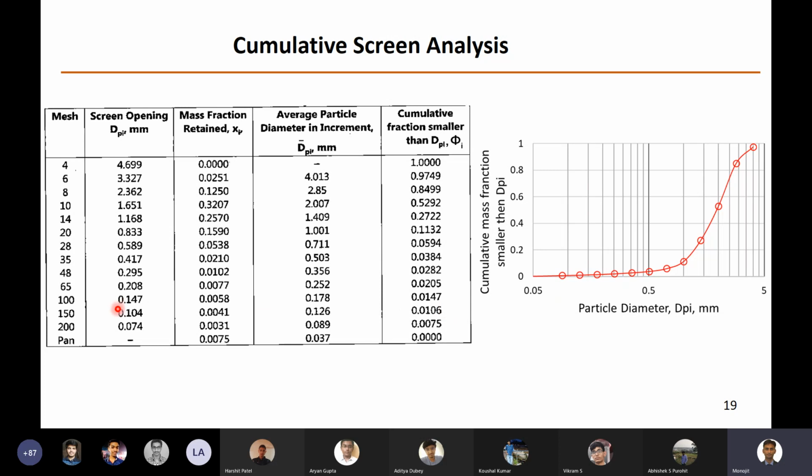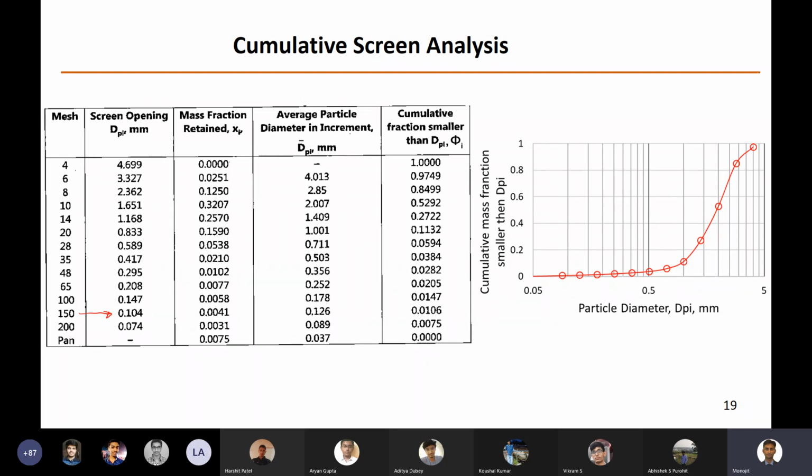Take the next one. The first one is pretty easy to understand. 0.0106. So how did we get this number? 0.0075 plus 0.0031. Yes, absolutely right. So how are we doing it? We are basically adding up the stuff which is below that point. When I'm talking about this screen which has a mesh number of 150, what I will consider is the mass fraction which is below 150.